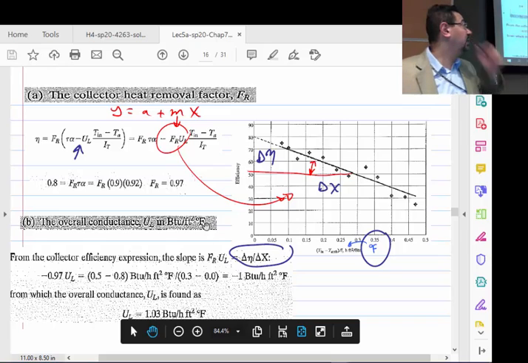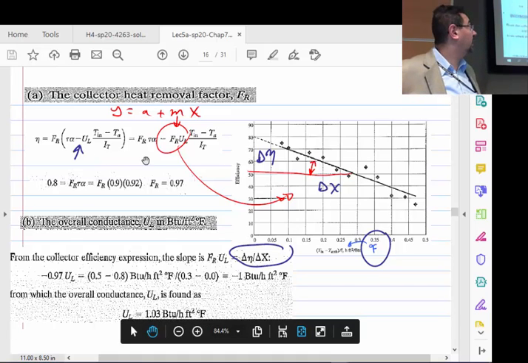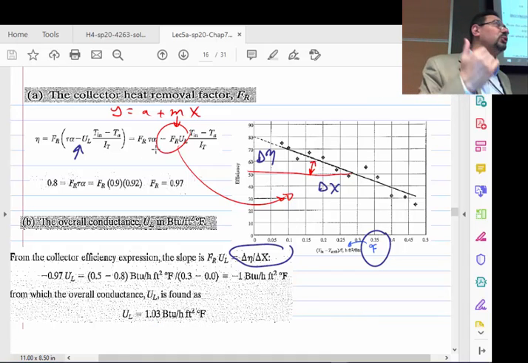Okay, and notice the intercept, what unit does the intercept have? What unit should the intercept have? Efficiency. What's the unit of efficiency? Dimensionless, right? And that's perfect because FR and tau alpha, they are all factors. They are all ratios. They are all dimensionless.